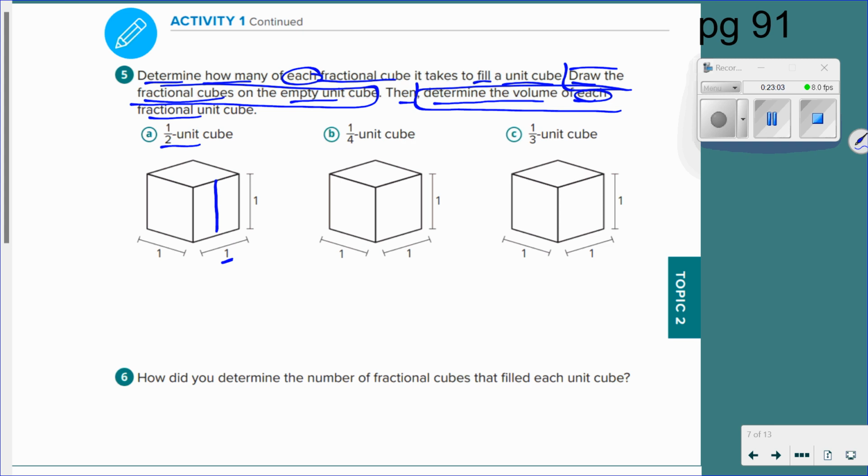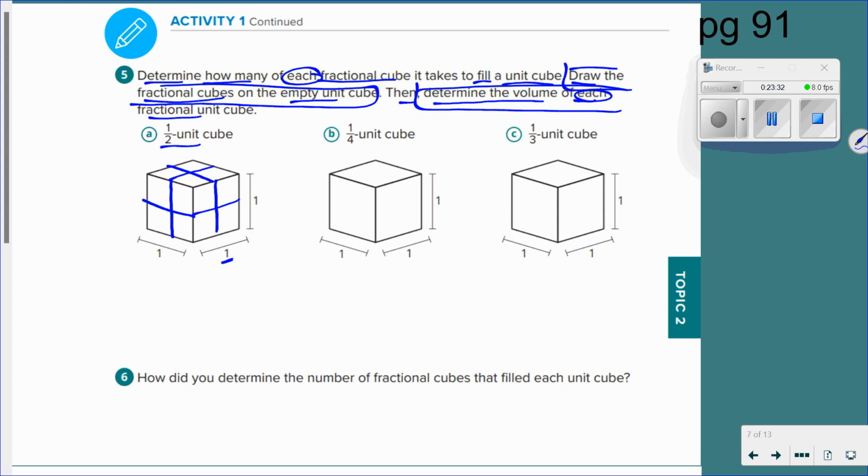It's a half unit. So it's going to be halfway on the side. Good. That's also going to extend on this. And then we're also going to see it on the top. So if I actually draw that, that's what it would look like.